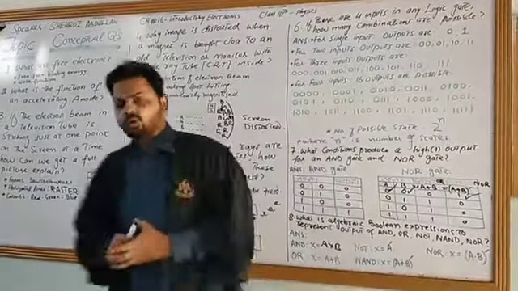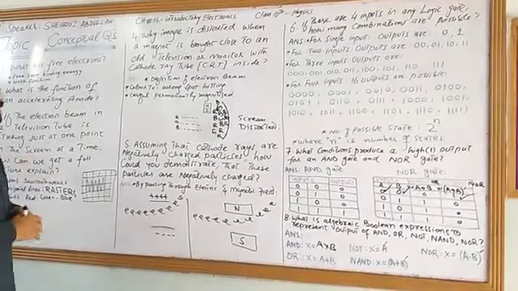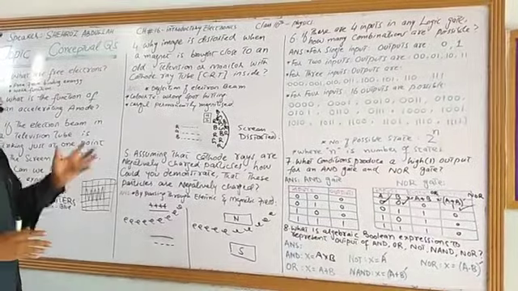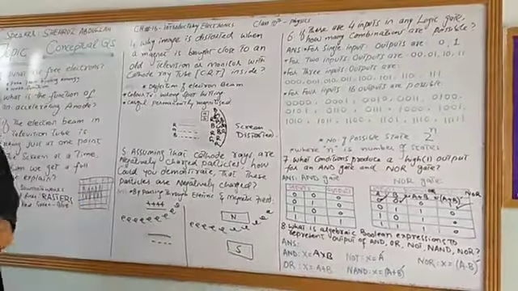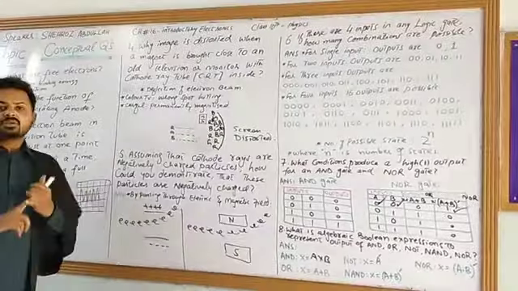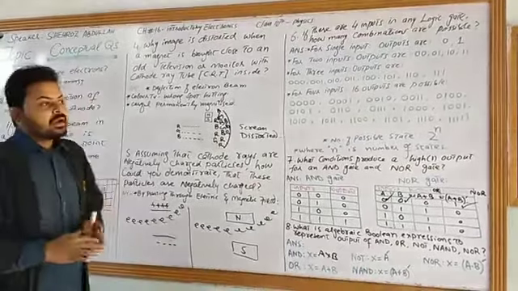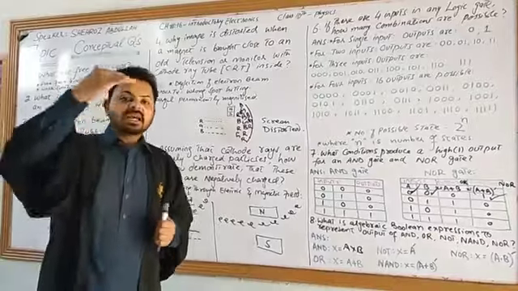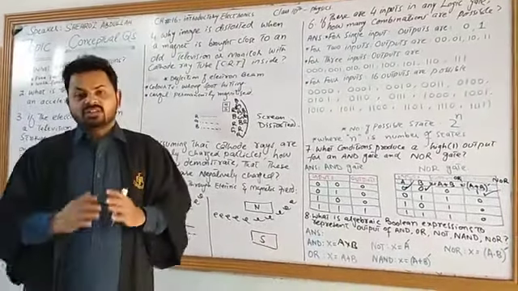Coming towards question number 4, what does it say? Why is the image distorted when a magnet is brought close to an old television or monitor with a cathode ray tube or CRT inside? Do remember one thing, the electron beam is a negatively charged particle. We have already discussed that when an electron beam is passed through an electric field, it bends towards the positive plate.